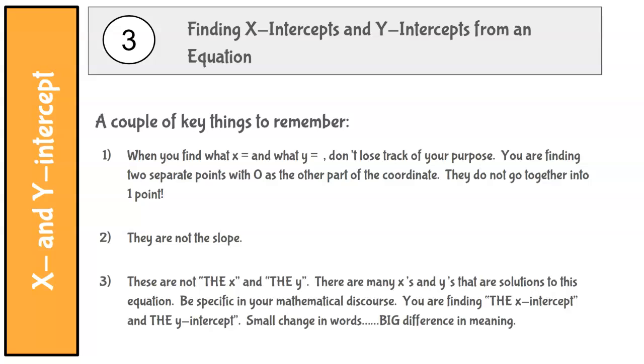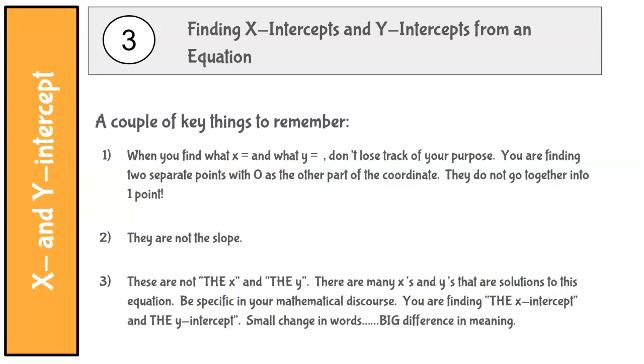So a lot of times when students solve these problems, they think that they have found the x, like there's only one, and they have found the y, like it's the only one. Just like it's not the Oklahoma State University, because there are a lot of Oklahoma universities. This is not the x and the y.